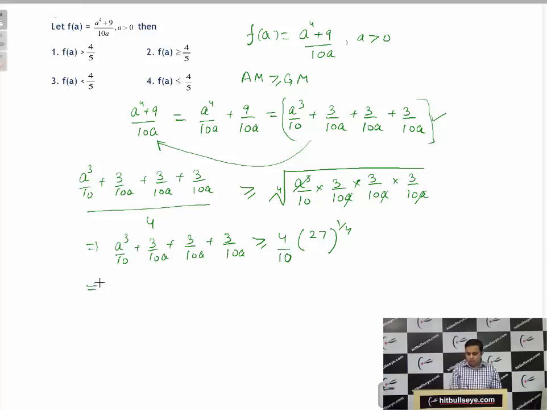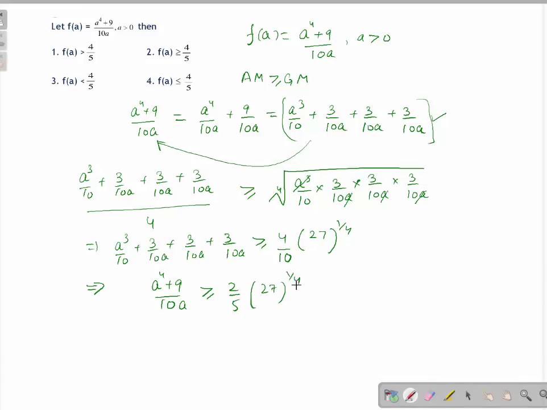Now here, the left hand side is again a raised to power 4 plus 9 divided by 10a, and on the right side we have 2 by 5 into 27 raised to power 1 by 4. Now we know that 16 raised to power 1 by 4 is equal to 2.